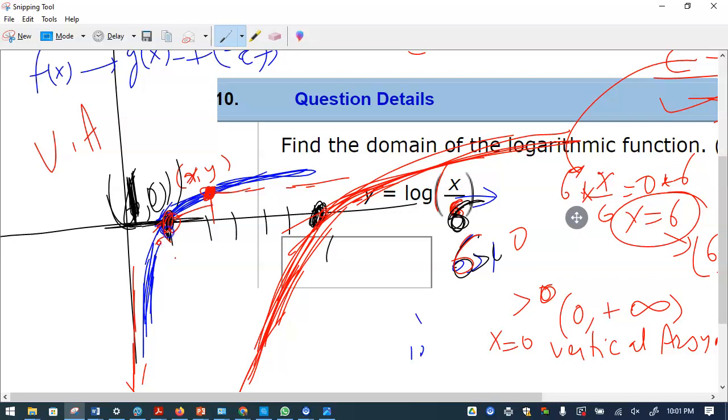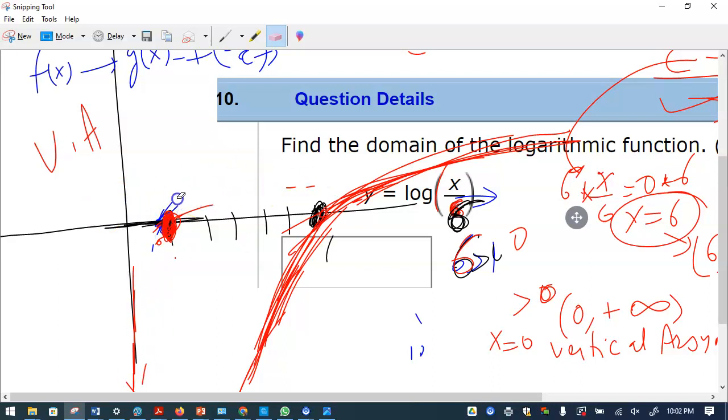I hope you can figure it out yourself from the information provided here. This became too much confusion, so let's see if I can make it nice. The original graph is the logarithm of x to the base 10, but then because of the 6, you can check when this is going to be 0.